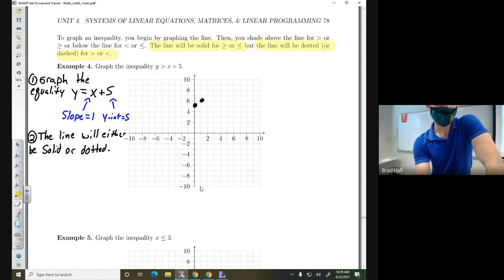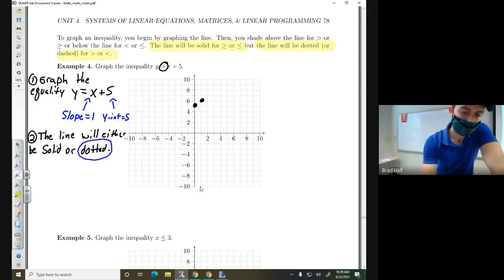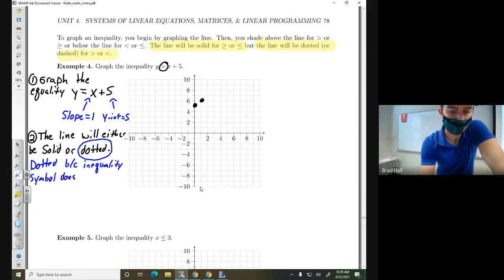In our inequality, we don't have an equal to sign. So guess what we pick? Dotted. This is dotted because the inequality symbol does not contain an equal to sign.